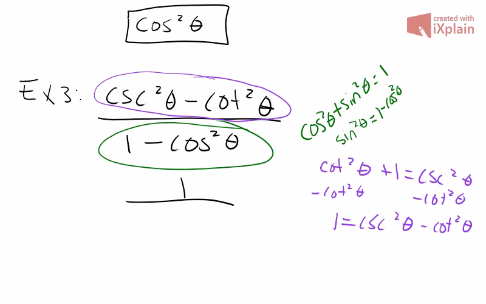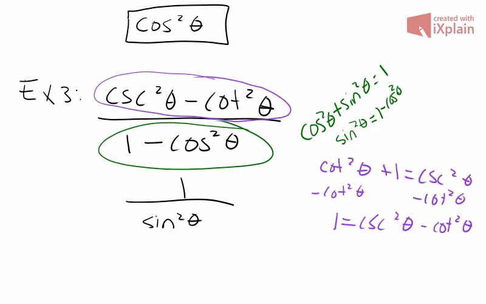So that means I can replace that expression with just sine squared theta. Notice that I used two Pythagorean identities and I just rearranged them a little bit, which is completely fine as long as you're following the rules of math.